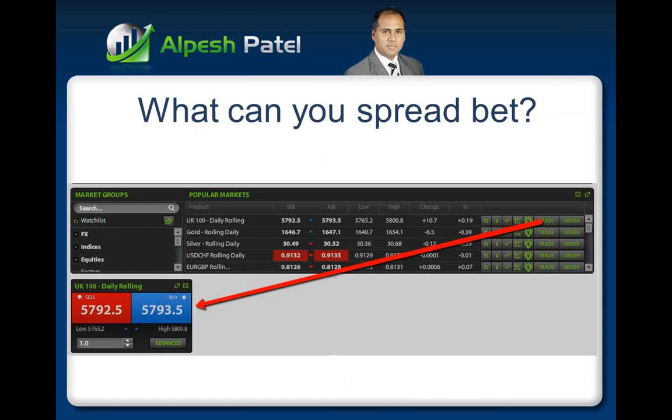Just a reminder, what can you spread bet? Well, as I've mentioned, and you can see on the screen there, the most popular instruments. I was with a leading firm just today and their chief executive, and we went through what some of the most popular instruments are that people spread bet, and particularly what winners tend to spread bet. They tend to be the most liquid markets. So we're talking about the FTSE index and the US indices, so the Dow.